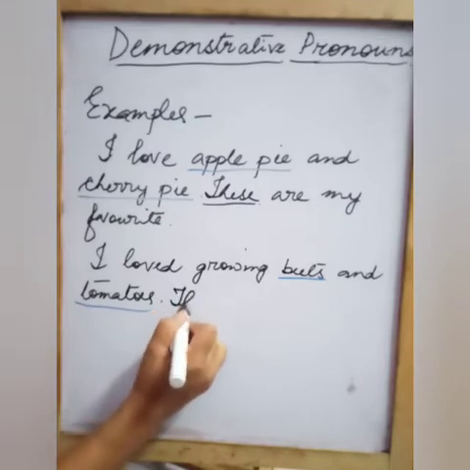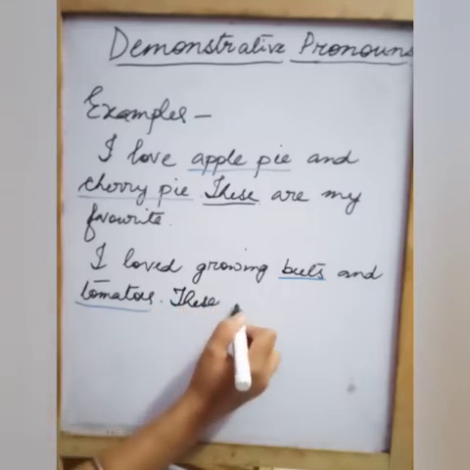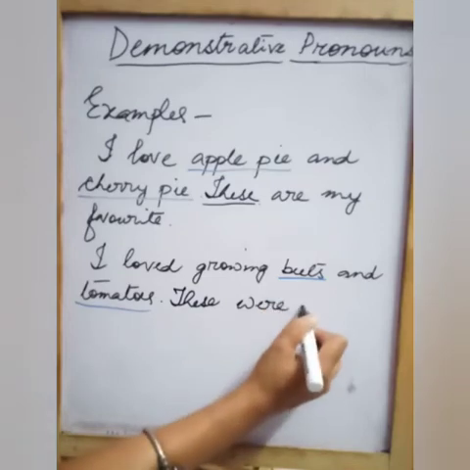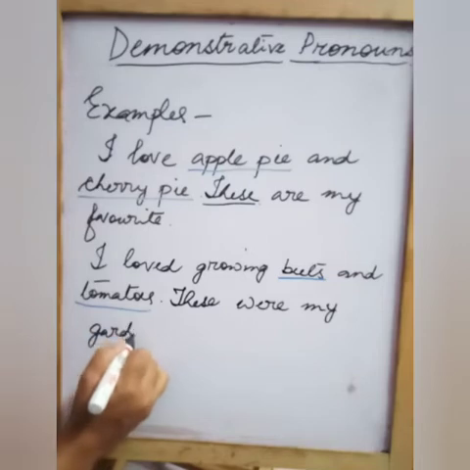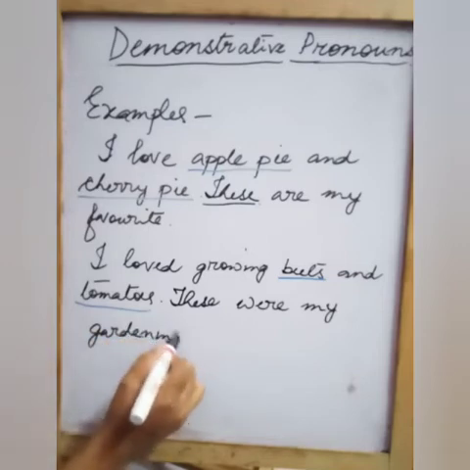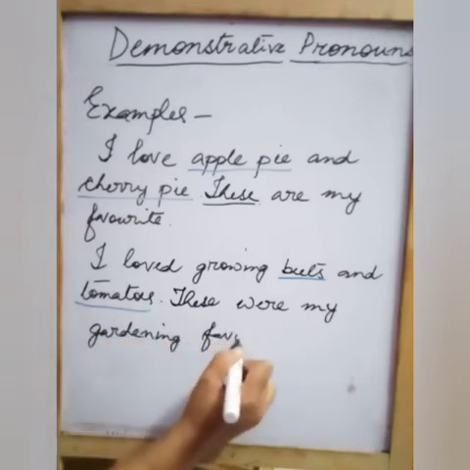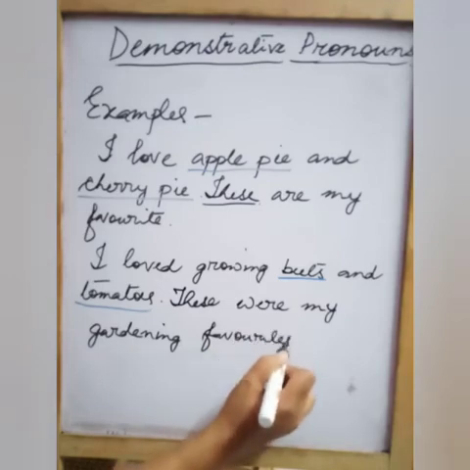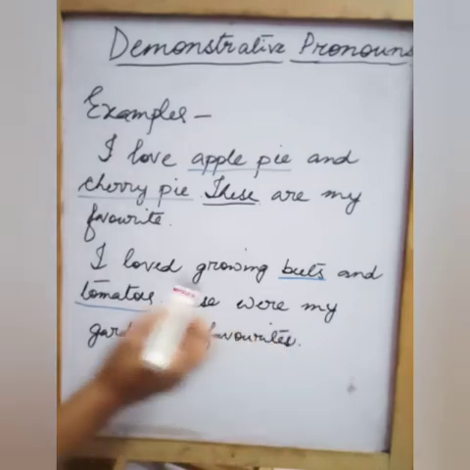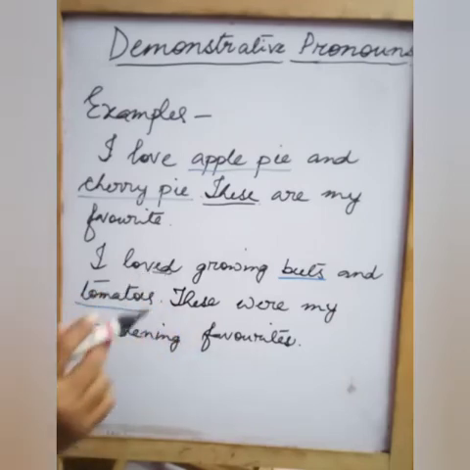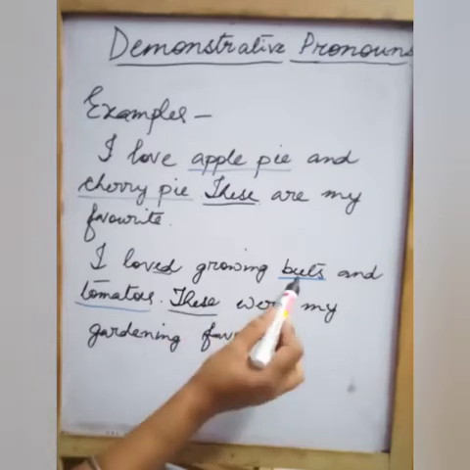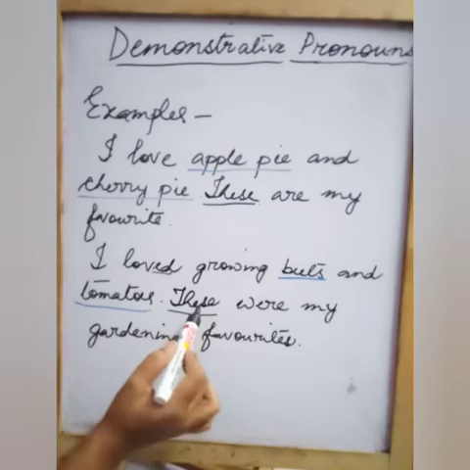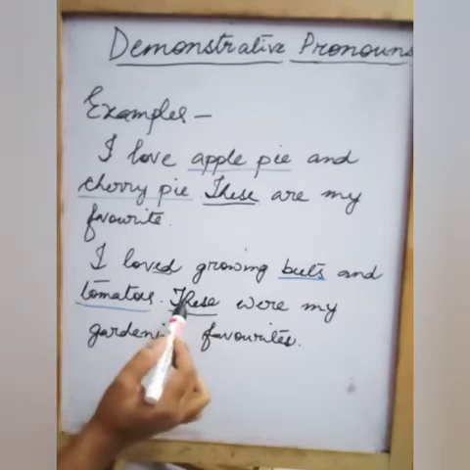These were my gardening favorites. These were, why were? Because here I have written ed, past tense, so it cannot be are here. So this is the demonstrative pronoun which is replacing two nouns, because it is plural, so we are using these here. That is the plural demonstrative pronoun.